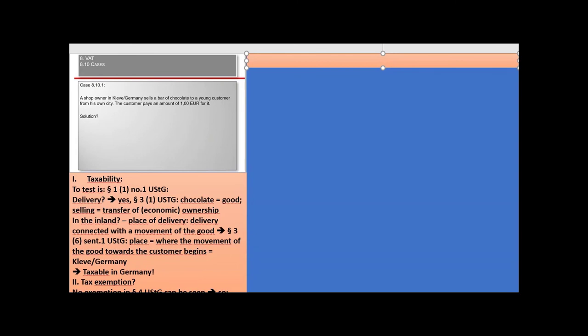But here, no exemption in paragraph 4 USDG can be seen, so at least not proven. So the whole affair is liable to tax.